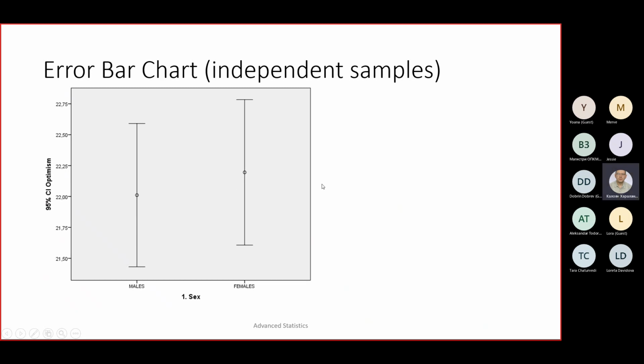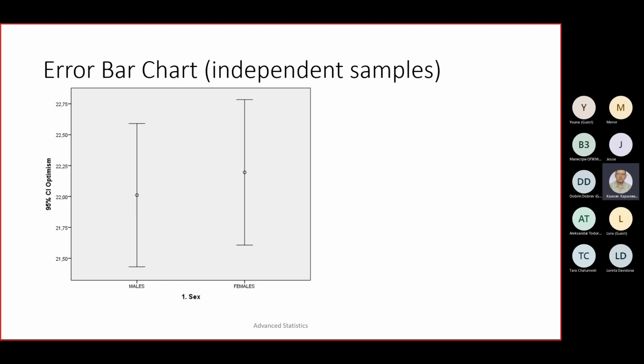And this leads to the acceptance of the null hypothesis. So this was one example comparing two means in two independent samples.